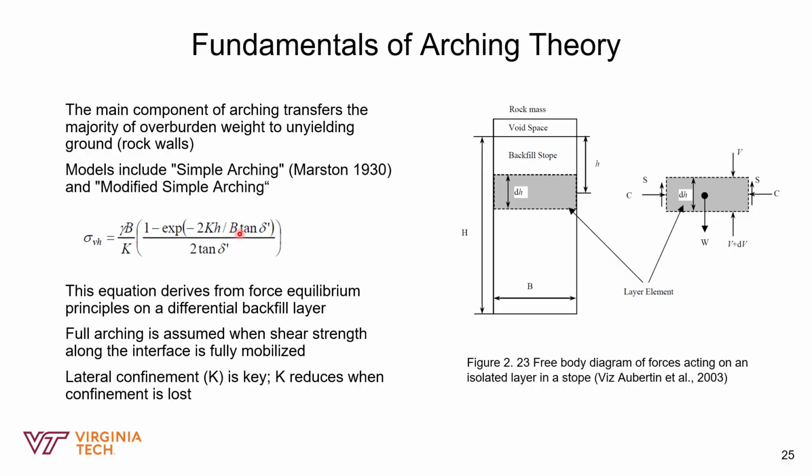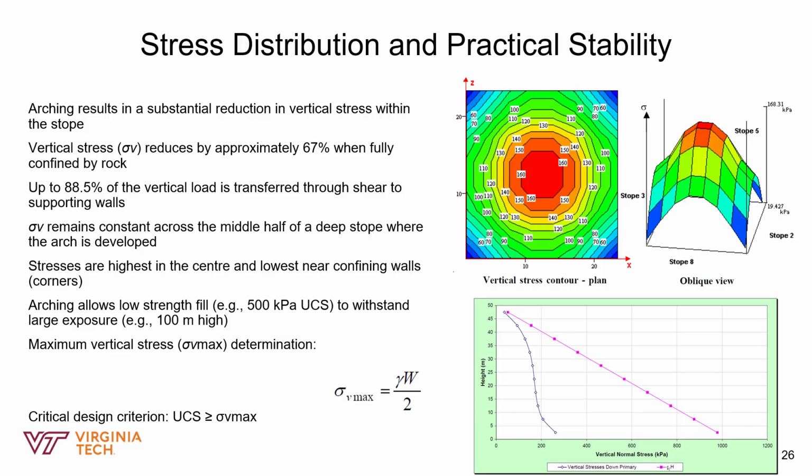Full arching occurs when the shear strength along the walls is completely mobilized. So let's look at some real world consequences. The most important takeaway here is that arching isn't just a minor effect, it creates a substantial reduction in vertical stress. And so let's analyze the figures on this slide.